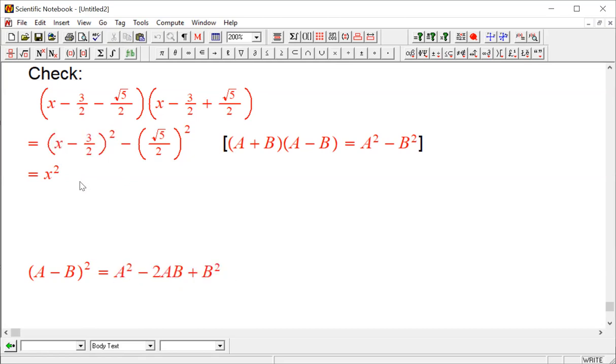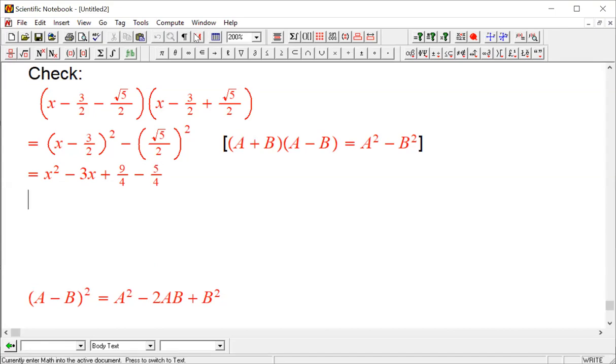That's going to give us minus 3x plus 9 over 4, the square of 3 over 2, minus the square of root 5 over 2, which is 5 over 4. So in the end, we get x squared minus 3x plus 9 over 4 minus 5 over 4, that's 4 over 4, which is 1.